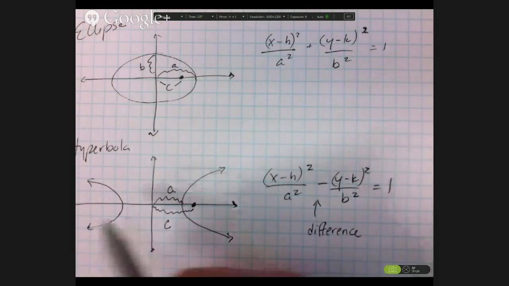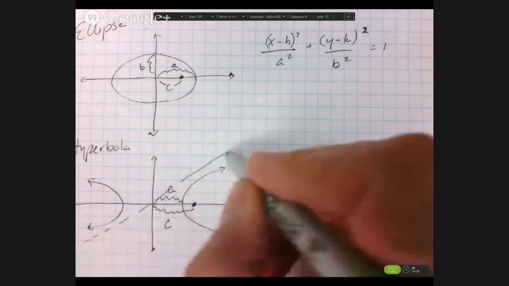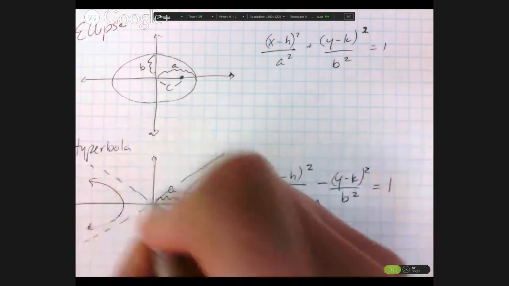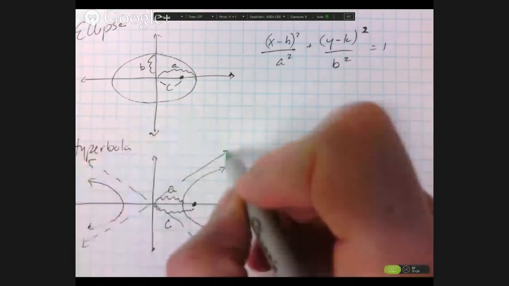All right, here's where hyperbolas get a little bit different. Do you remember what these are called? Yeah.